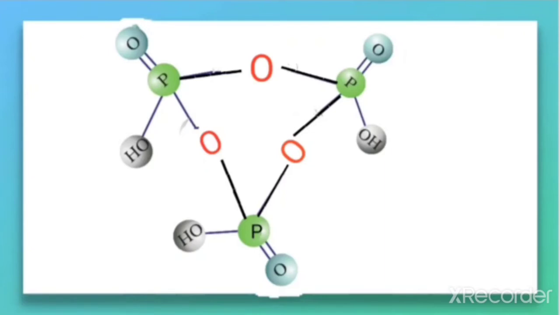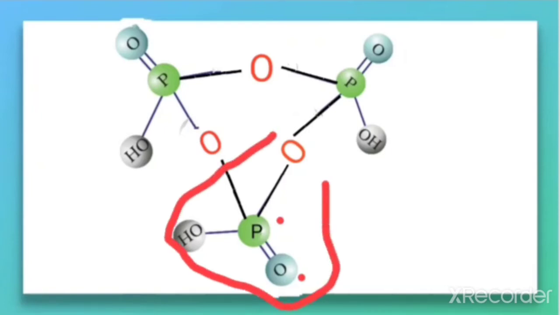So we can say that this part is repeating. That is P here, double bond here, and one oxygen. This part is repeating, that is, 1 P, 1 OH, and 2 O is repeating.